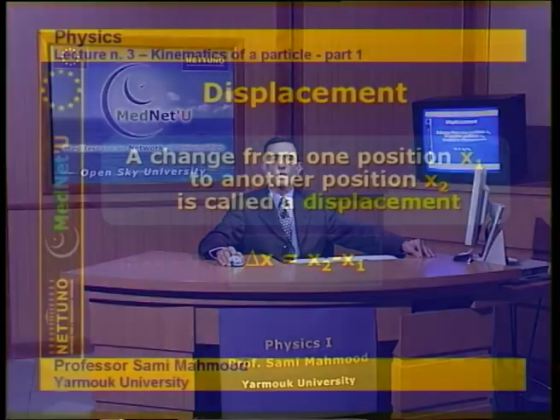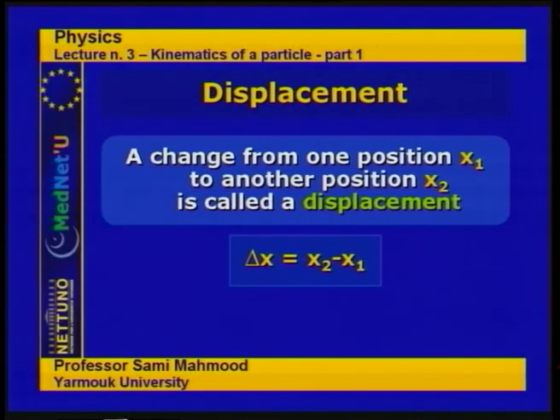The displacement is symbolized by delta x, which is equal to x2 minus x1. That is the final position minus the initial position. That is the displacement, which is the change in position of a particle.